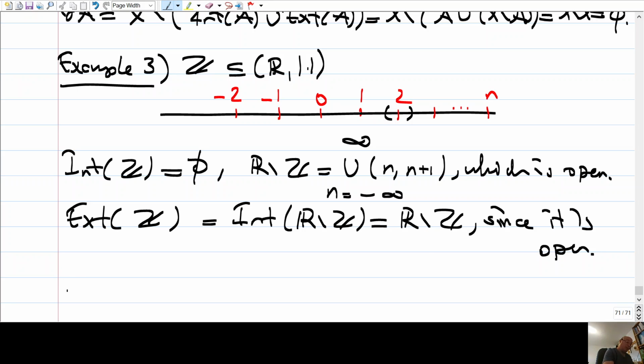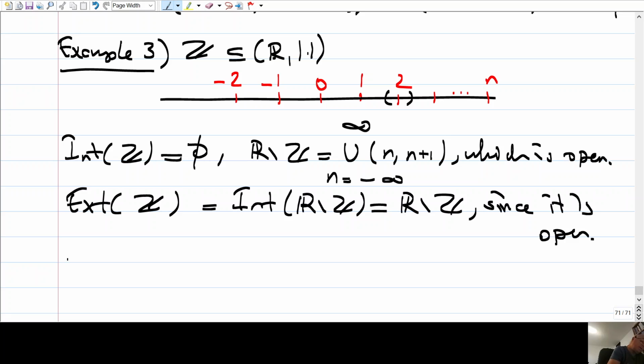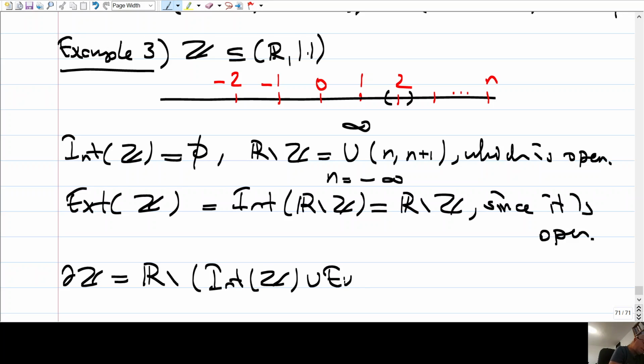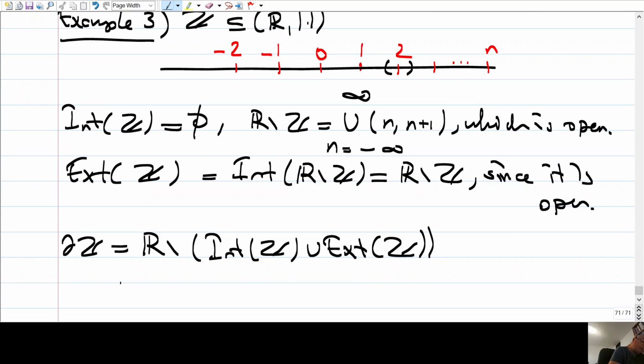What about the boundary points then? Okay, the boundary points of Z are R minus the interior of Z union the exterior of Z. All right.